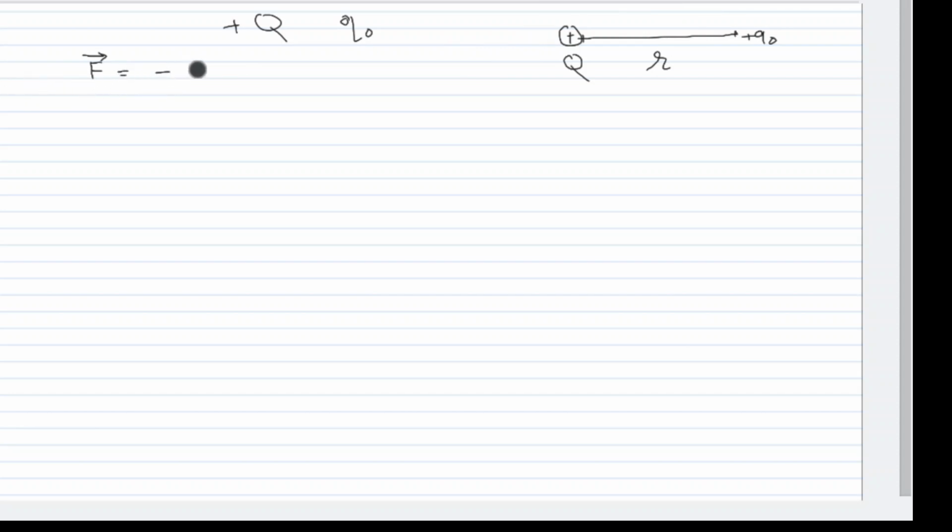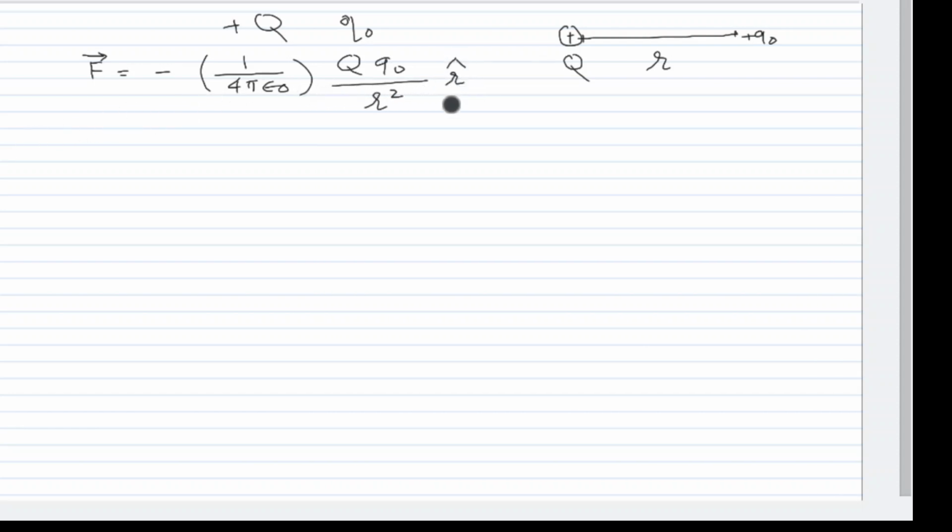So it is given now here 1 upon 4 pi epsilon 0, Q Q0, the product of the two charges, divided by the square of the distance between them. And whenever you are writing this, you will put a unit vector.